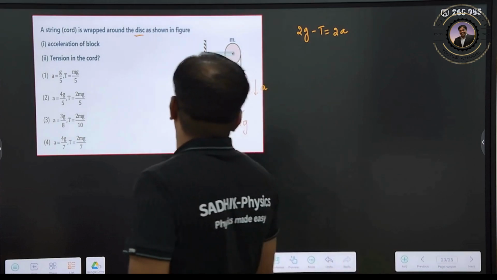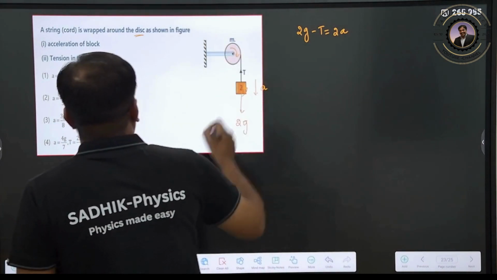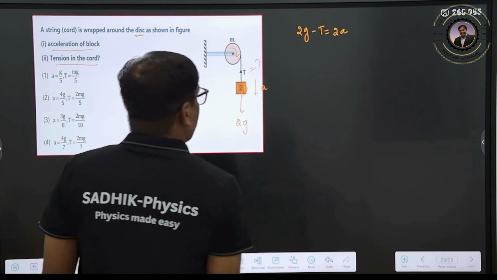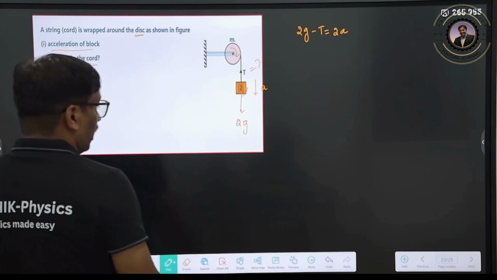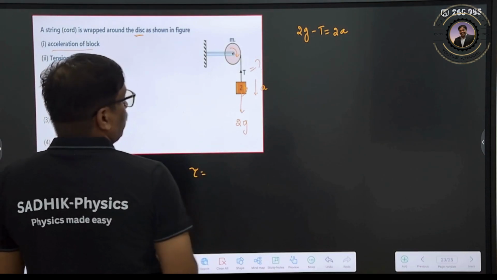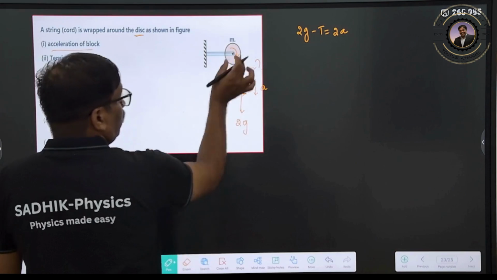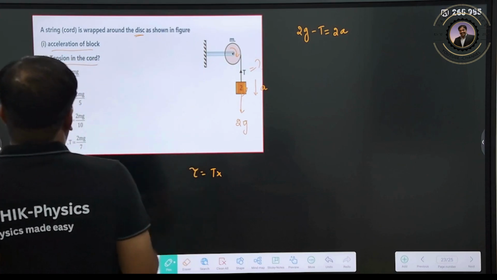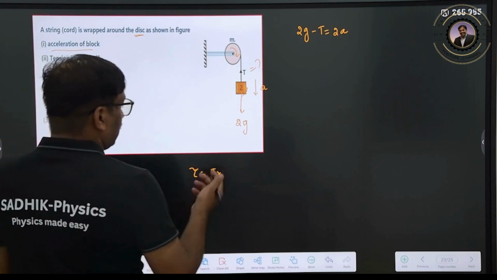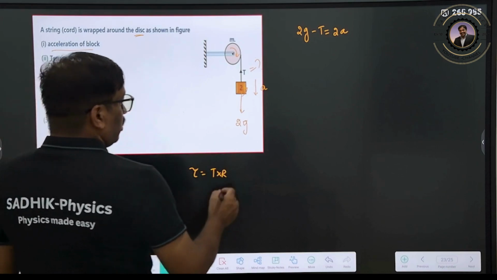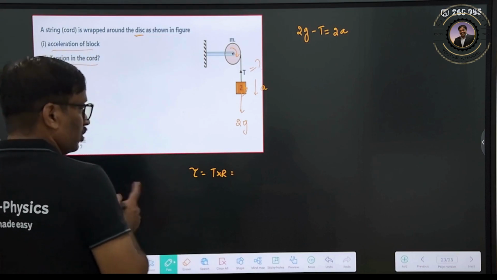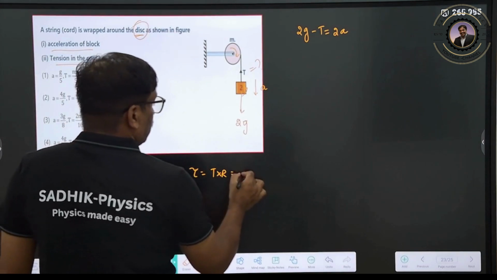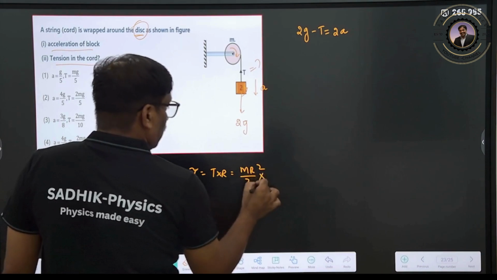Clear? Then this tension is making the disc rotate. Here they ask for tension and acceleration, so this tension also we have to calculate. Here we are creating the torque. Torque is force into perpendicular distance. So tension into r, taking the radius as r, is equal to I alpha. It is a disc, so I is m r square by 2, into alpha.